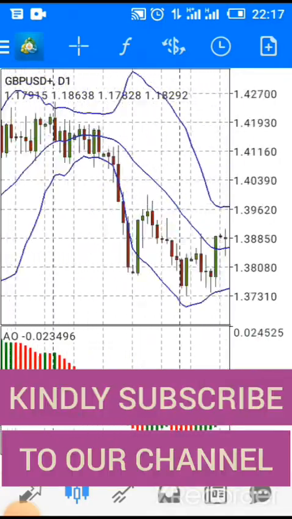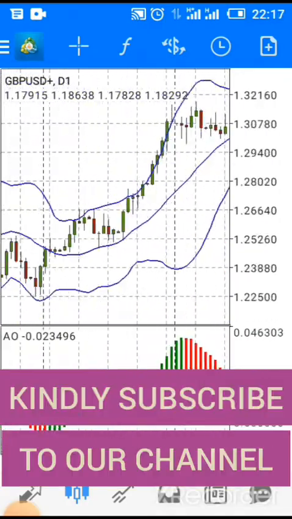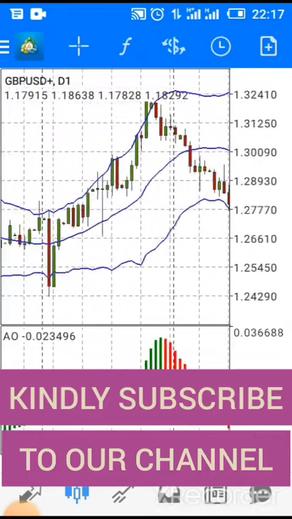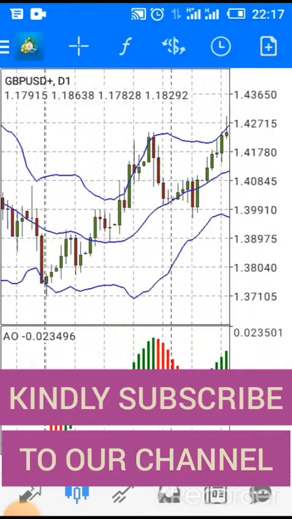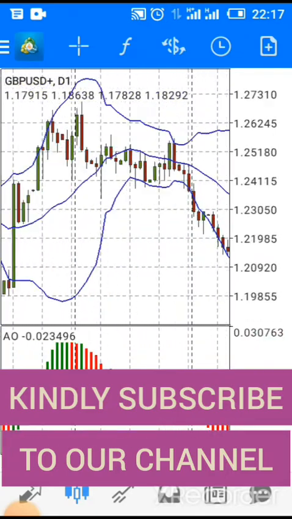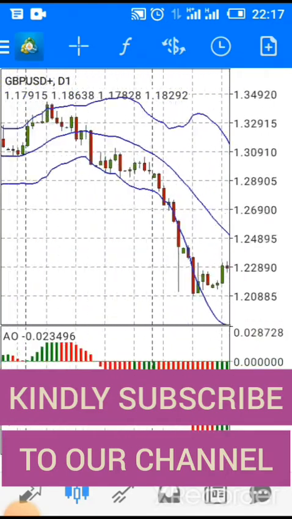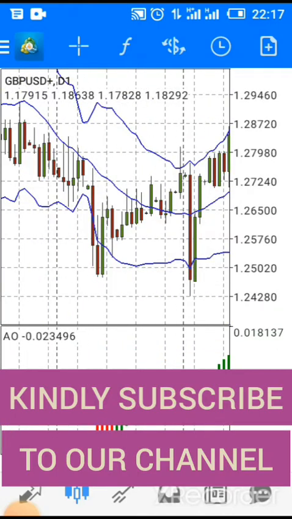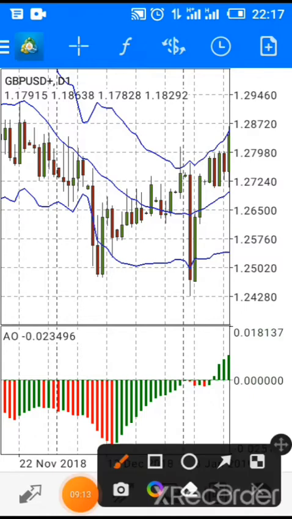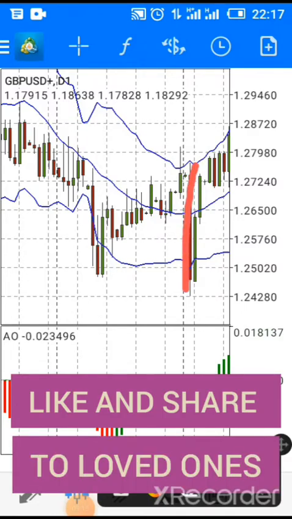It had no option but to respect the law of demand and supply. And because it had to respect the law of demand and supply, it stopped. Look at it. There was a very long bearish move downward like so.